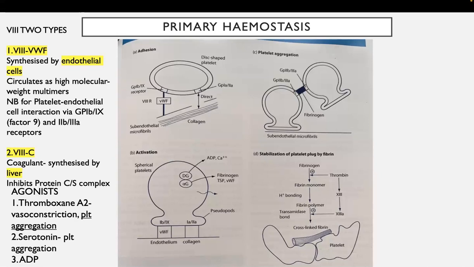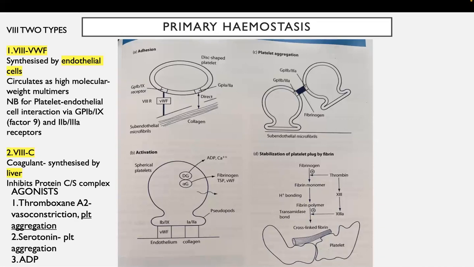So primary hemostasis, this is mainly platelets, and hemostasis is just the physiological process which stops bleeding, and it happens in 4 phases. The first phase is adhesion.